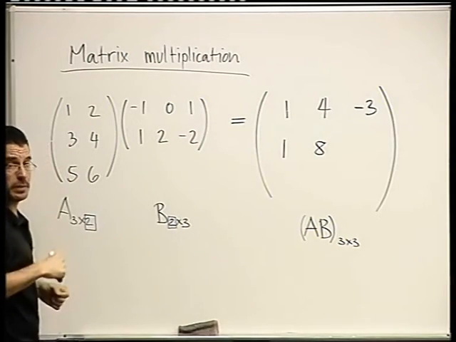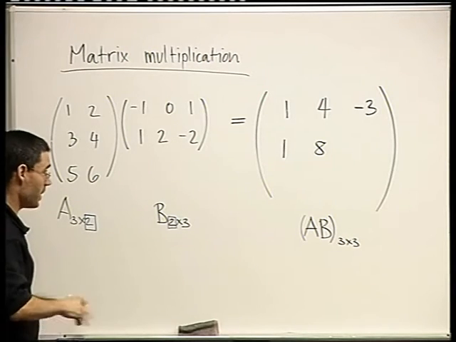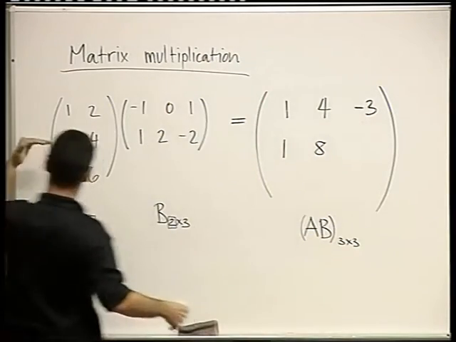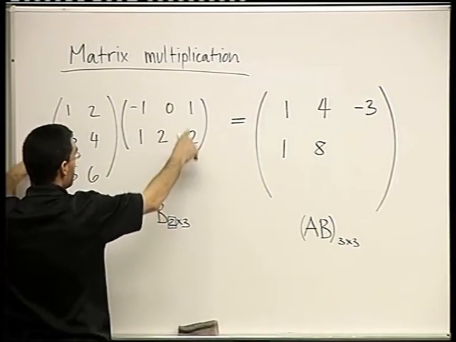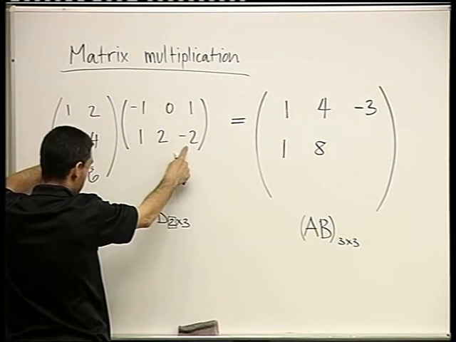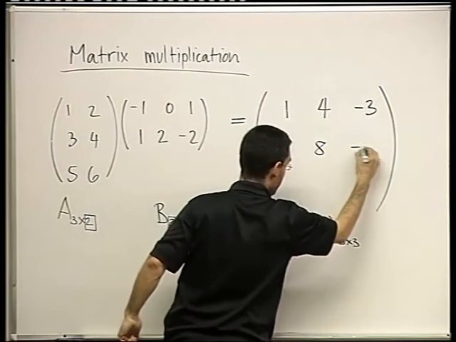Try doing it before me. Don't look on the board. Try doing it on your own. See if we get the same stuff. I'll do it a bit slower. Row 2, column 3. 3 times 1, 3, plus 4 times minus 2, minus 8. 3 minus 8, negative 5.